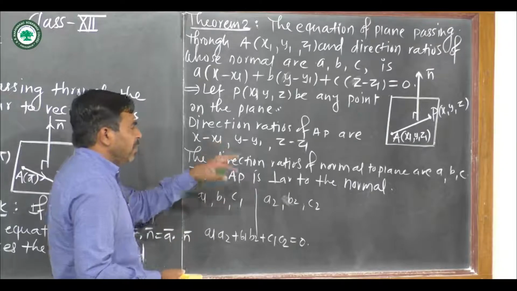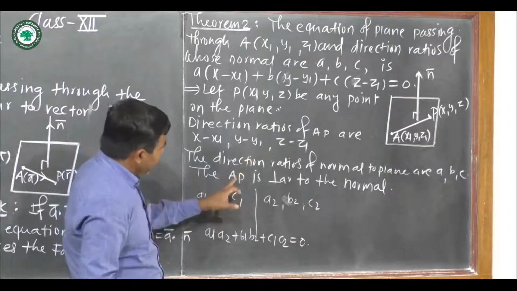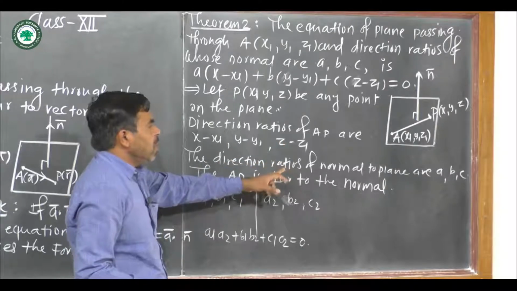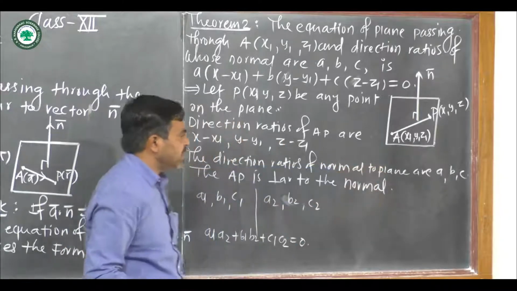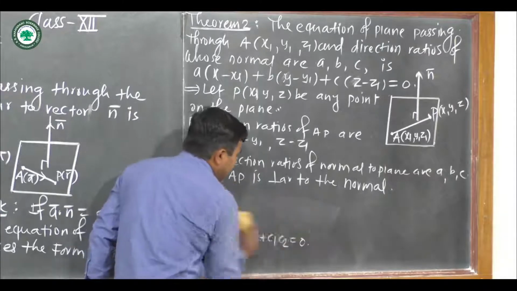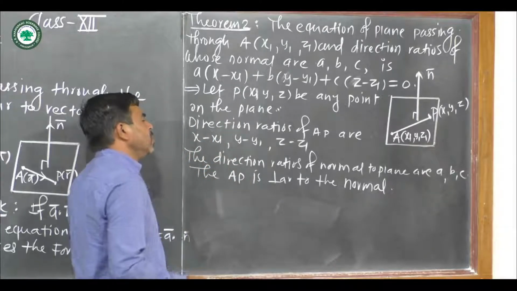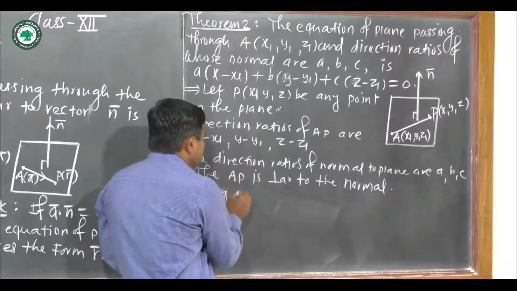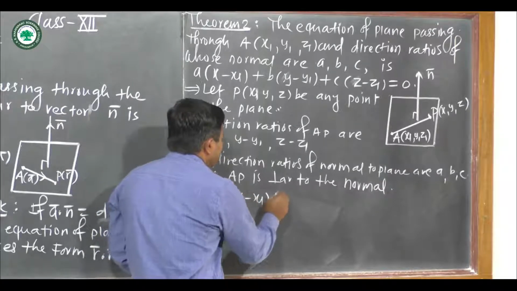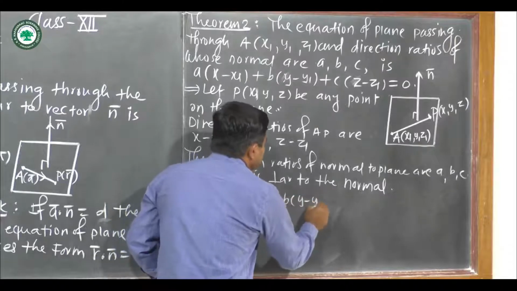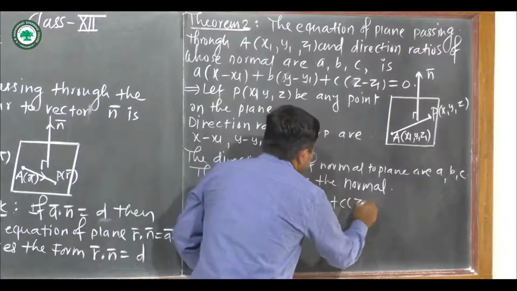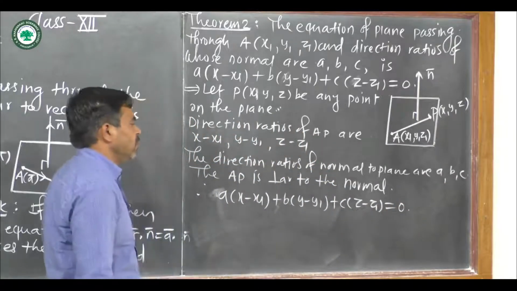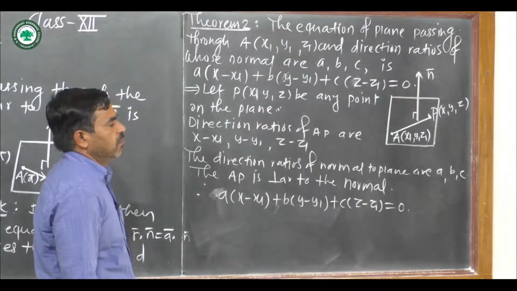Now here AP has direction ratios x minus x1, y minus y1, z minus z1, normal has direction ratios A, B, C, and they are perpendicular to each other. Therefore we have A(x minus x1) plus B(y minus y1) plus C(z minus z1) is equal to 0, and this is the equation of plane in Cartesian form.